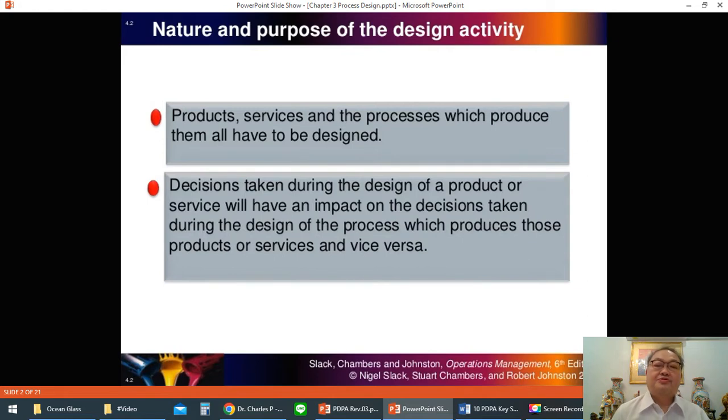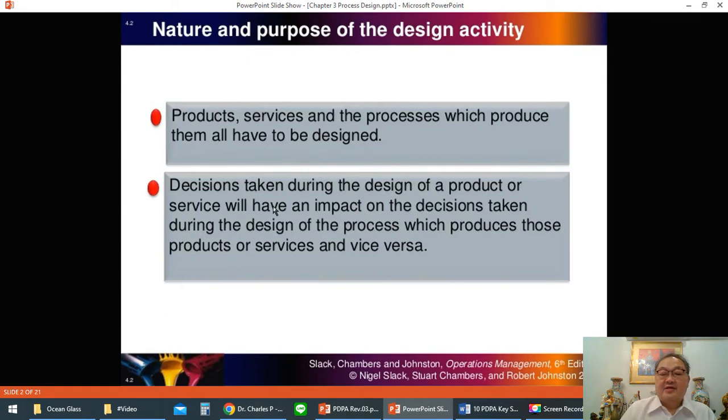So before we proceed to production, we have to know how we are going to design the process, how we are going to design the flow of the process from resource to finished product and deliver to the customers. Right. So the product and service and the processes which produce them all have to be designed before the production. It is the first thing that you have to think about before you start a business, even the service business.